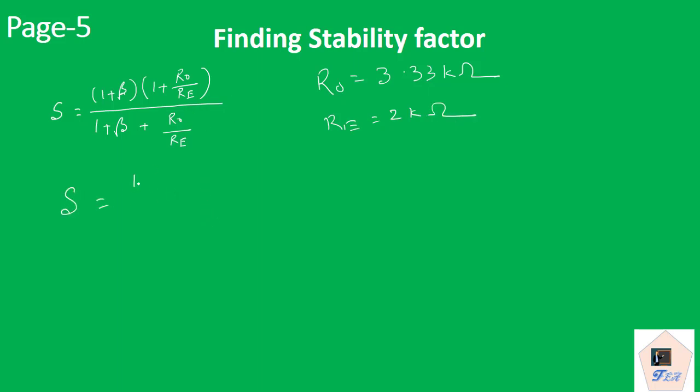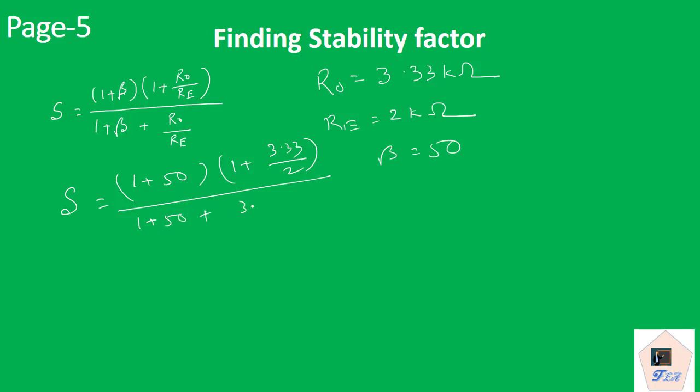Beta value is given in the question as 50. So S equals (1 plus 50) into (1 plus 3.33 divided by 2) divided by (1 plus 50 plus 3.33 divided by 2). Both are in kilo ohms, so no need to write 10 to the power 3 here. Now if you solve this equation, you can pause the video and do the calculation. So we'll get stability factor S equal to 2.58.